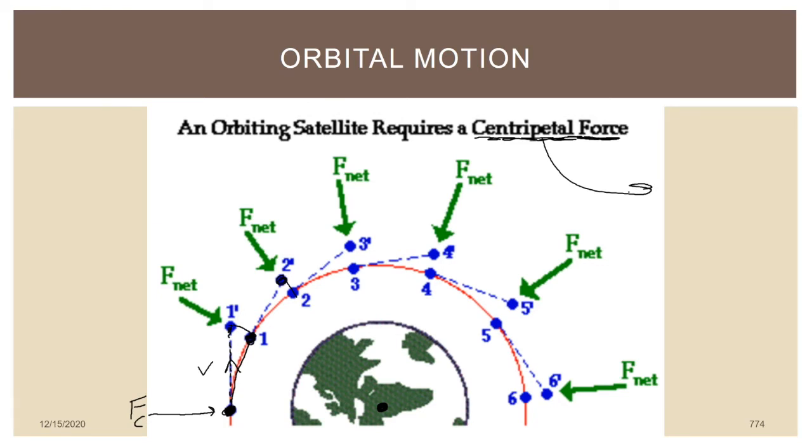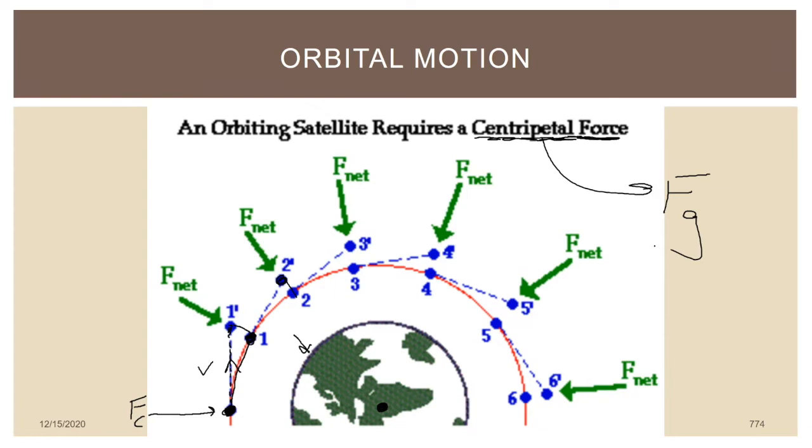And it should be pretty clear to everybody, especially looking at this diagram here with this object located in it, that that centripetal force is gravity. Now, gravity is a perfect force to supply a centripetal force for a situation like this.